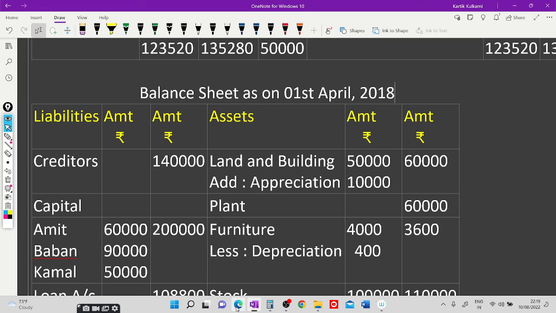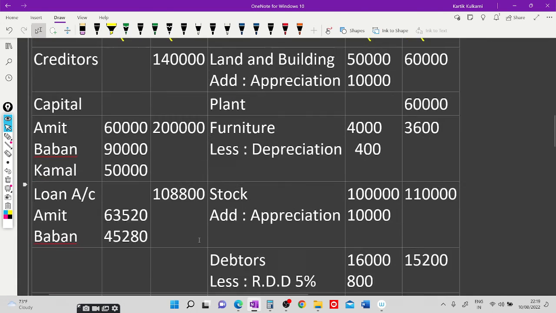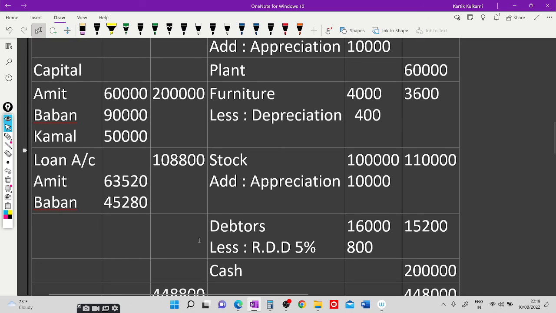In this way, the balance sheet now includes the name of the new partner. So students, remember always that whenever there is a clause in the question that the capitals of all the partners have to be adjusted as per the new ratio, in that case we have to calculate these capitals.